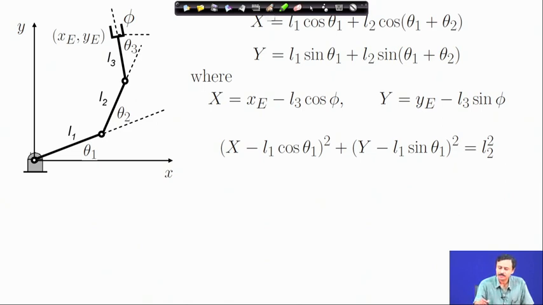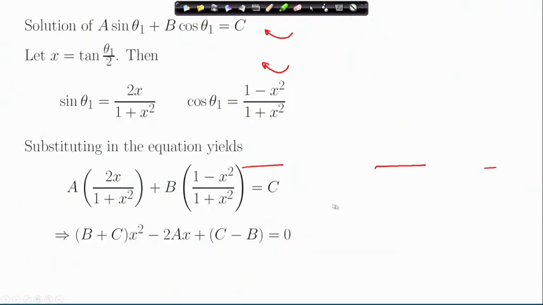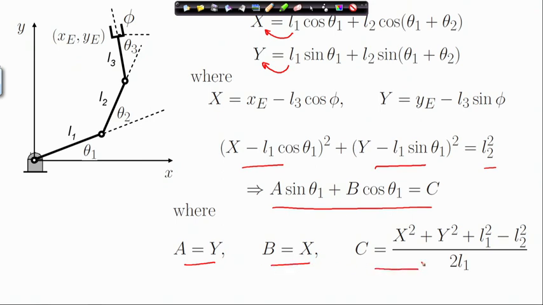So, I took these terms on the left hand side, squared them, added and expressed this, which can be reframed in this form: a sin theta 1 plus b cosine theta 1 is equal to c, where this a, b and c we have seen how to derive.